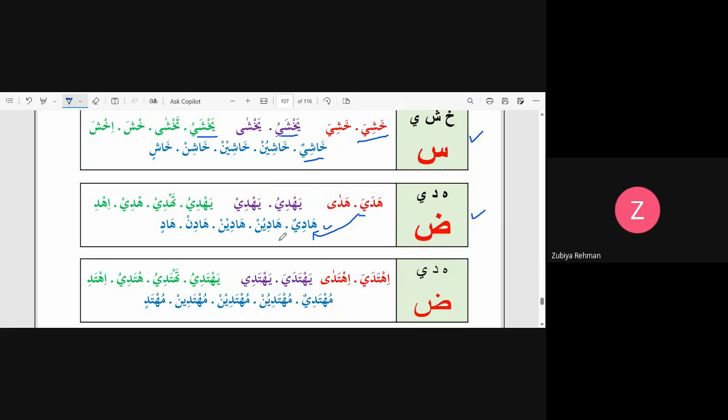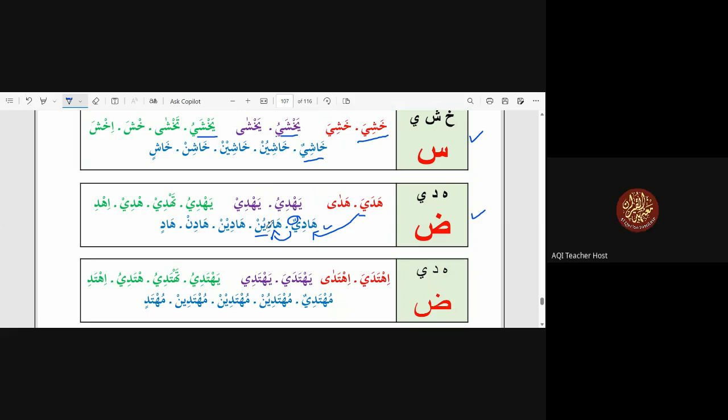Maybe I skipped this part. Remember the tanwin, how to change it. Hadiyun. So we drop the tanween on ya, so it will be hadi, and we will drop the ya also, so it will be hadin.